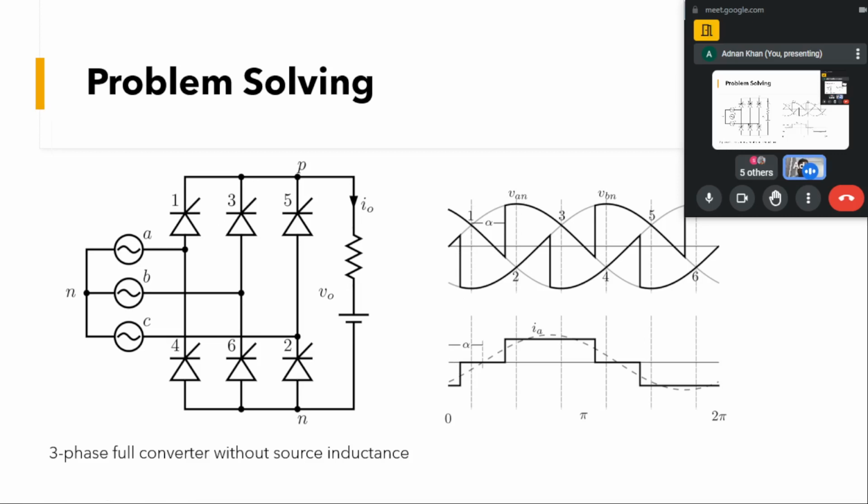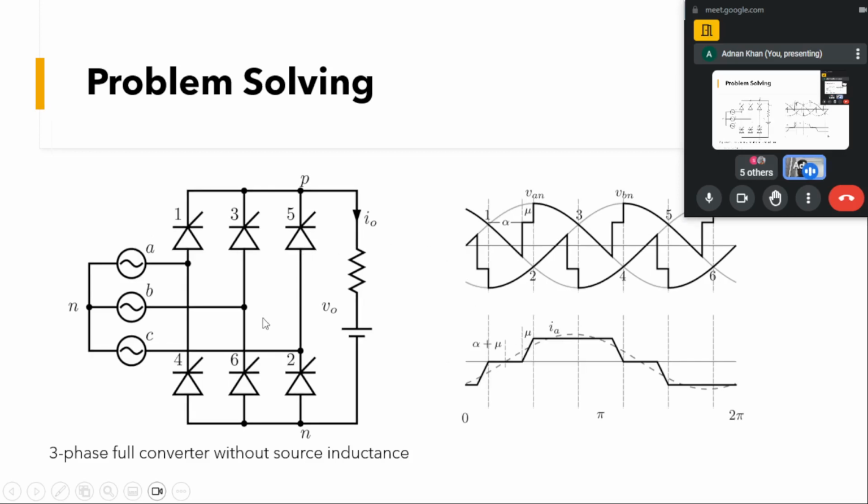Had there been a diode, these would have coincided. The zero point of the fundamental and this phase voltage will be alpha degrees from one another.